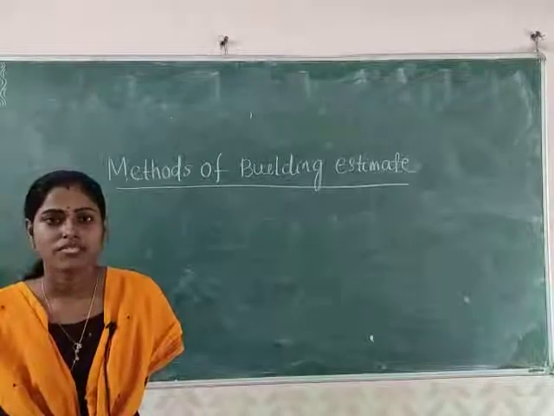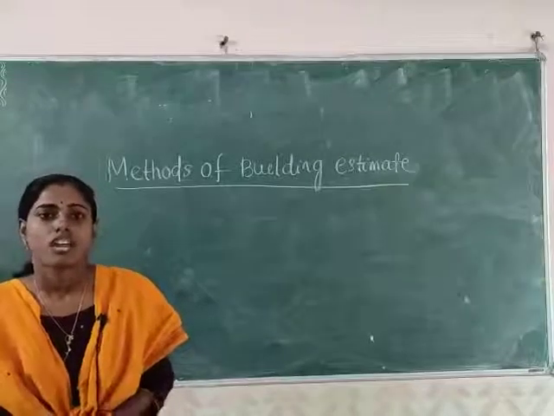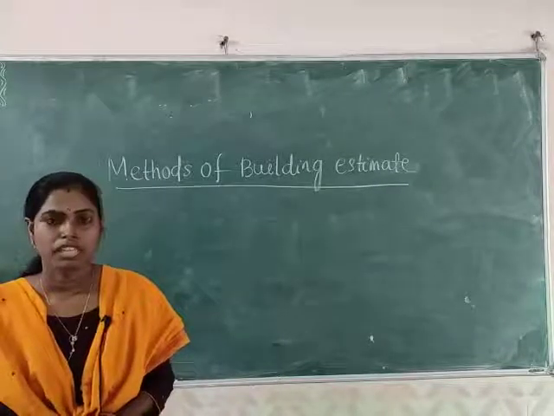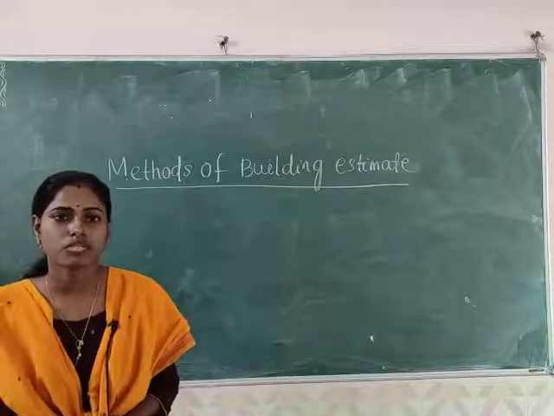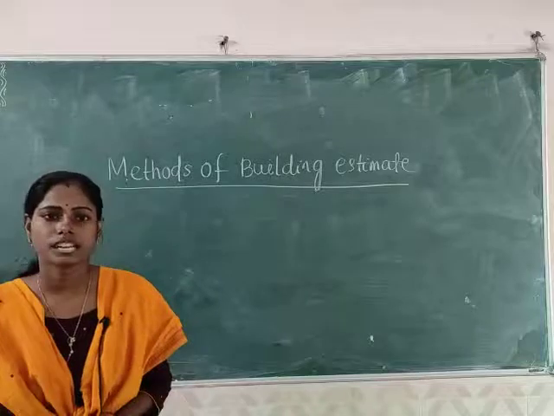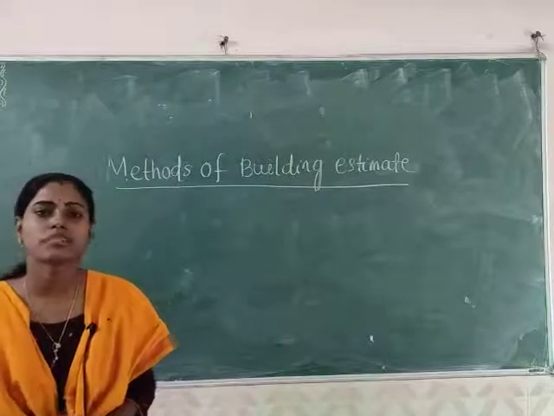In today's class we will discuss the long wall short wall method of building estimate. After this session you will be able to find out quantities of different items of work that are associated with building construction.